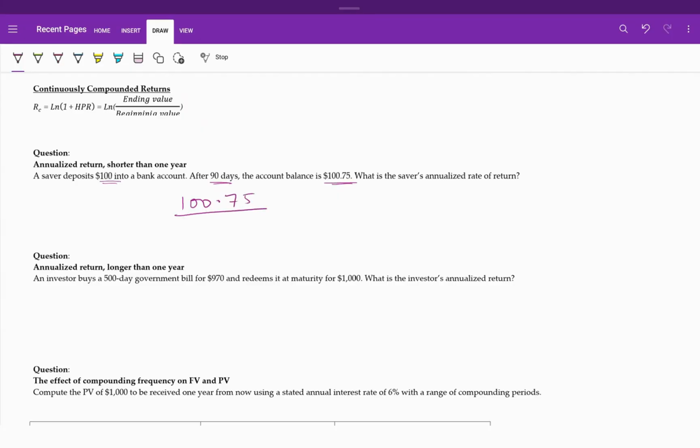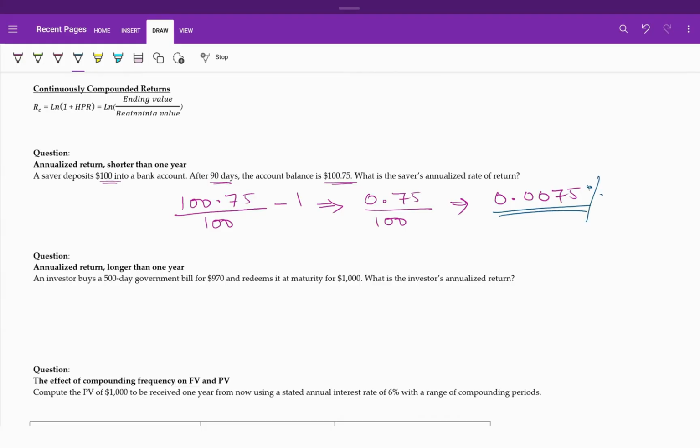If I divide it by 100 and subtract 1, because this is how I am going to get my return, this is going to give me 0.0075. So this is going to be my percentage change in 90 days.